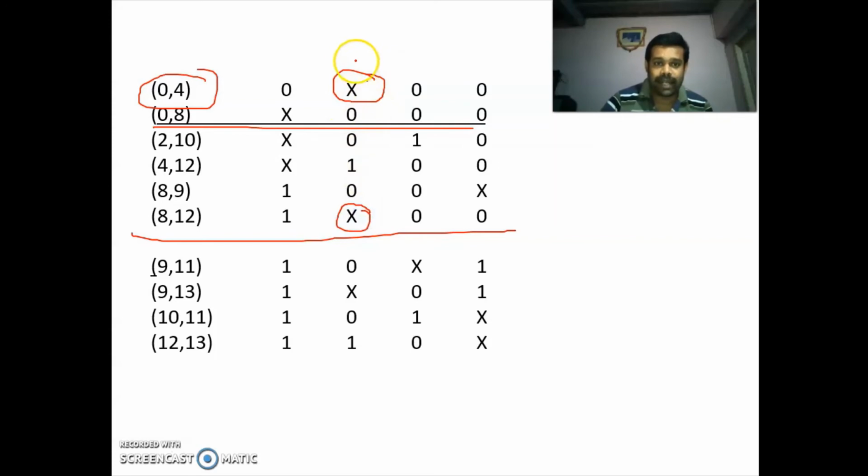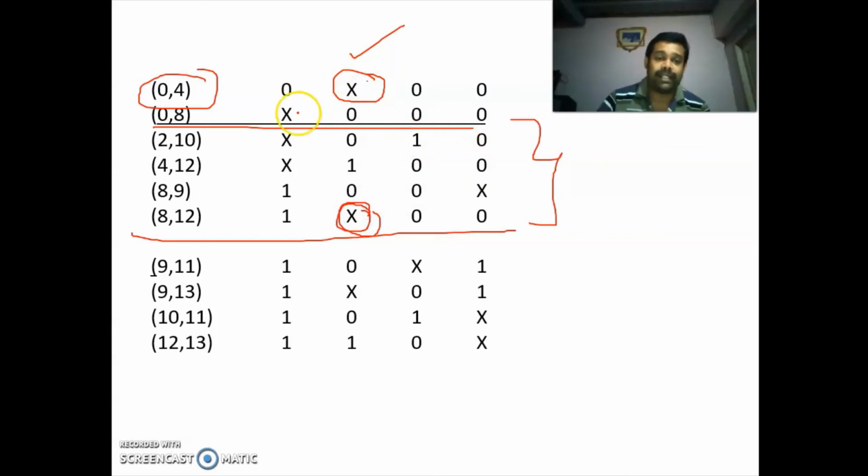So here you are having x. Now you have to check whether you are having x in the same position below that line, but above this 9, 11. So in this area, you are having x in the second position.